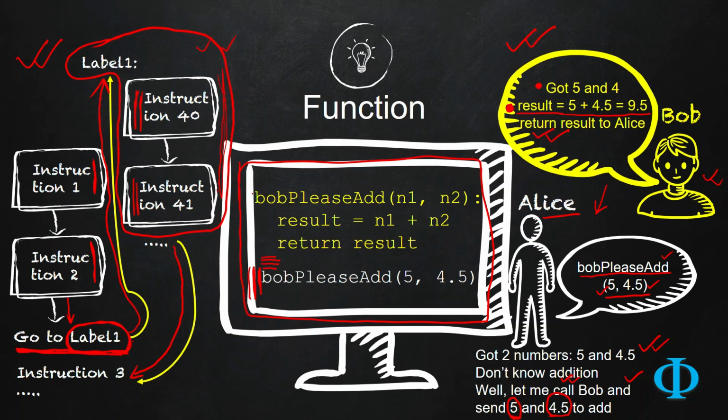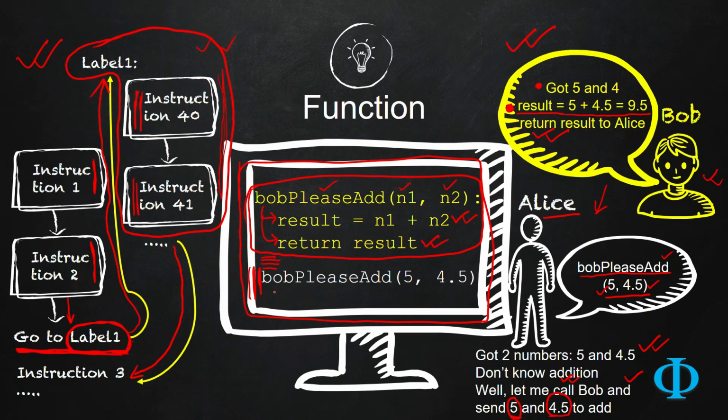And let's say you have already defined a function, that is done with this yellow color and in this box. Here I have implemented Bob please add, and it is accepting two different numbers, that is n1 and n2, and inside that function, which is represented using this tab character, I have just calculated those numbers and then returned the result.